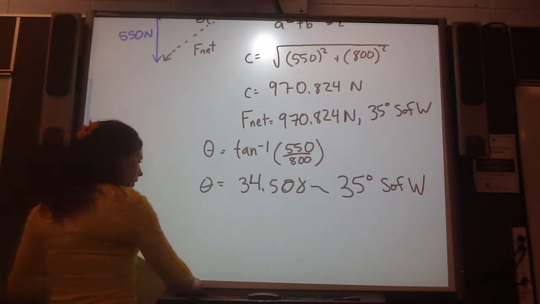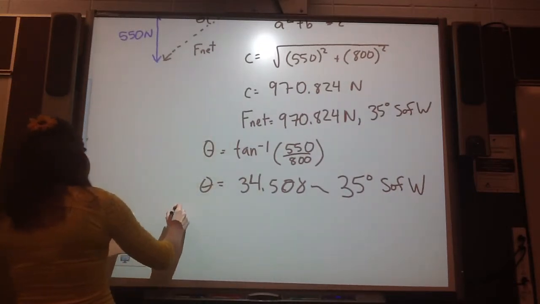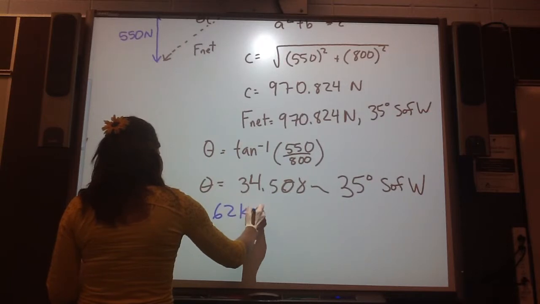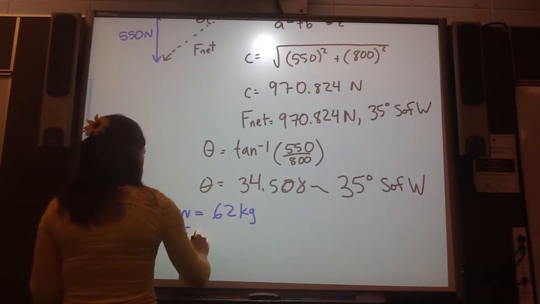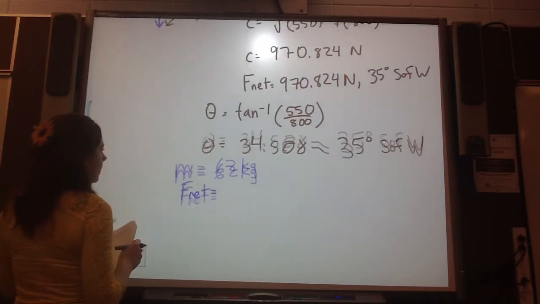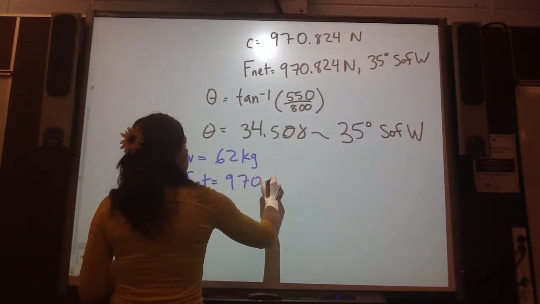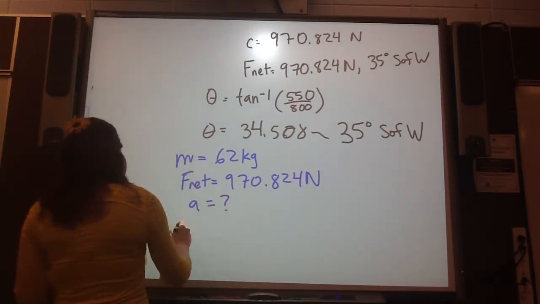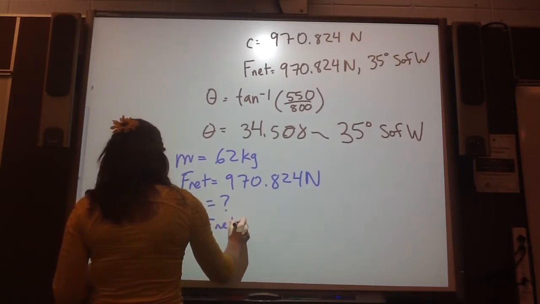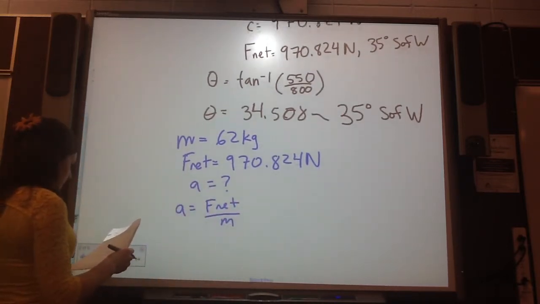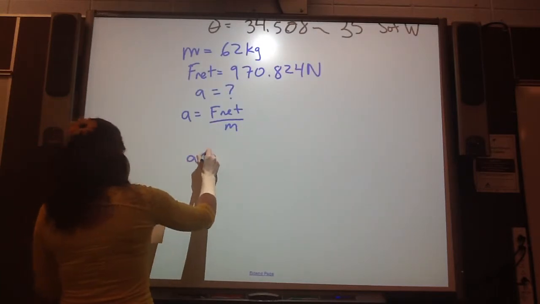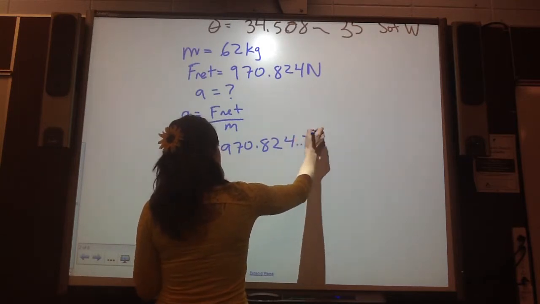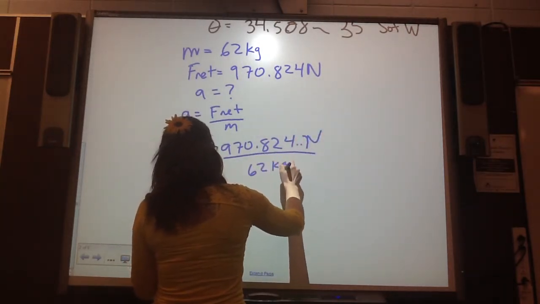Okay, but we are looking for acceleration was what we were trying to find. So my M, I was told in my question, is 62 kilograms. My F net, I'll just use the magnitude for right now to do my calculation, 970.824 newtons. And I'm looking for my A. So A is equal to F net divided by M. A is equal to 970.824, etc. newtons divided by 62 kilograms.